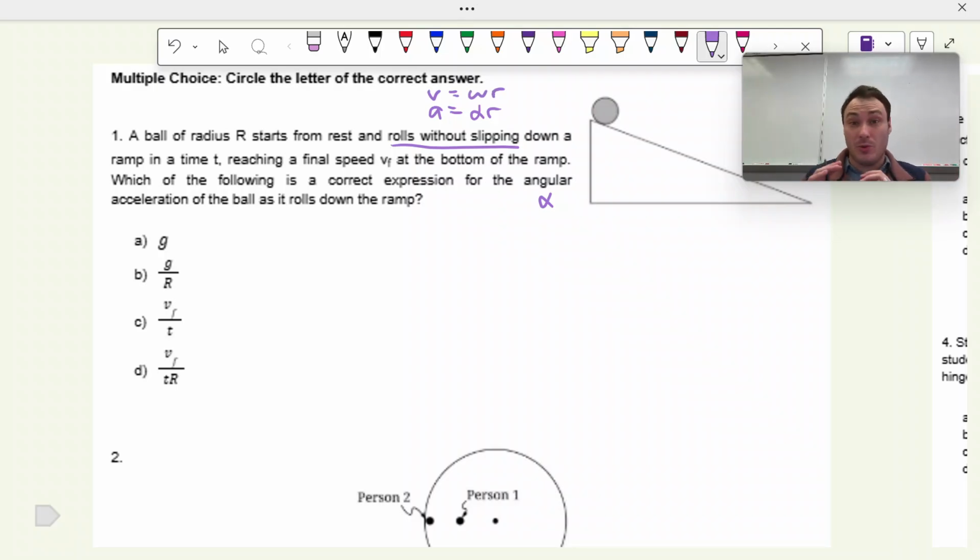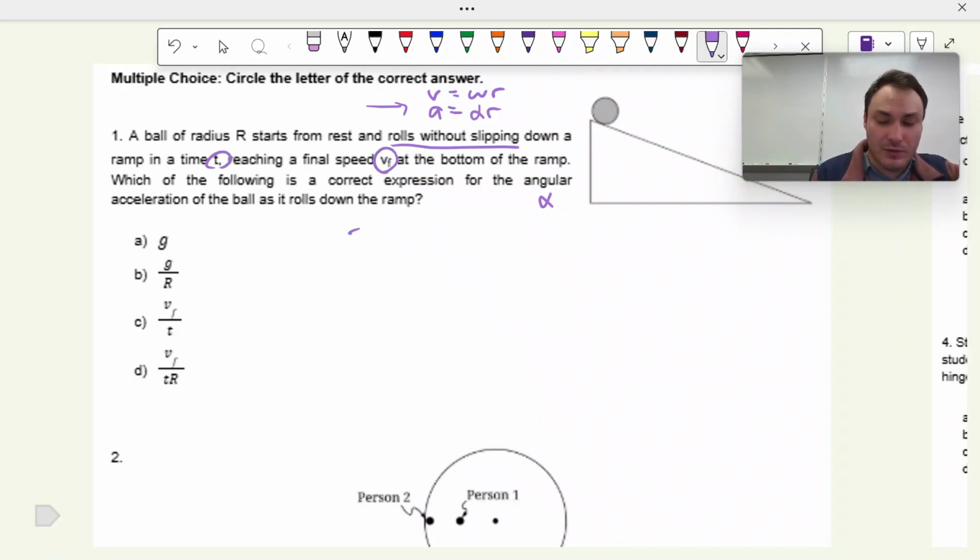Because when something rolls without slipping, it's moving translationally and rotationally, and usually there's a link between the two. And when it comes to angular dynamics, you're going to need one of those relations between the two. So it reaches the final speed v final in time t.